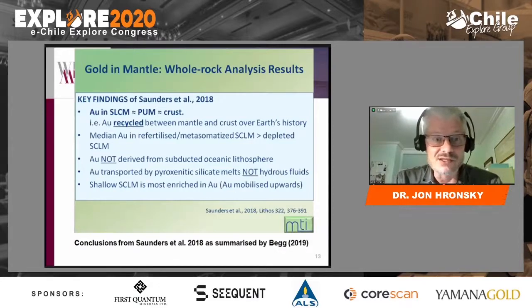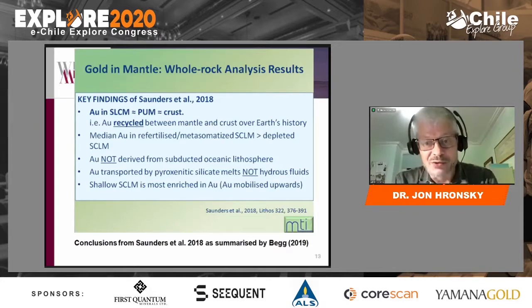As I said before, their key conclusion, summarized by my co-author Graham Begg here, is that because gold in the subcontinental lithospheric mantle is the same as the primitive mantle, is the same as the crust, it means that gold is very efficiently recycled between the mantle and the crust over Earth's history. And this is different from a lot of other elements which typically get irreversibly fractionated into the crust.